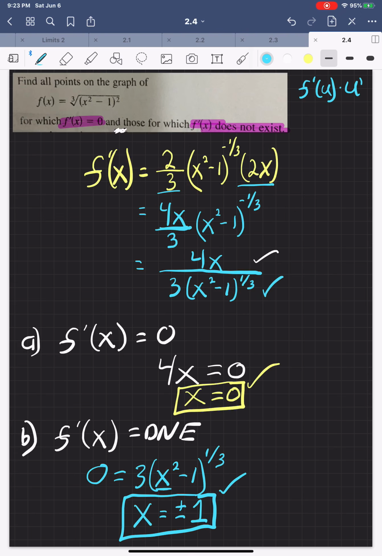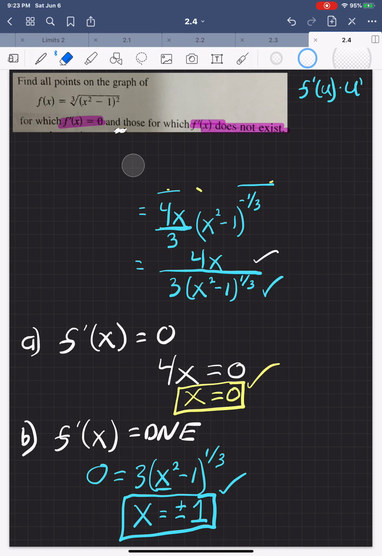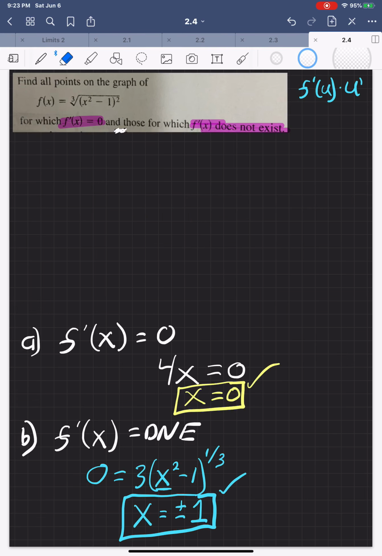Okay, so we haven't answered the question in its entirety, though we do have all the hard work done. The question asked, find all points. Well, I have 3 x values, so that should be 3 points.